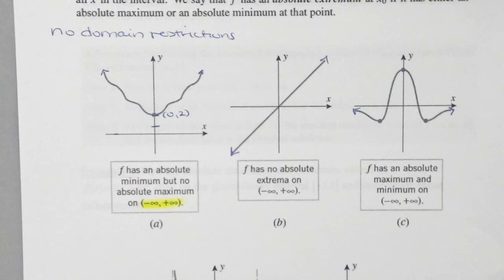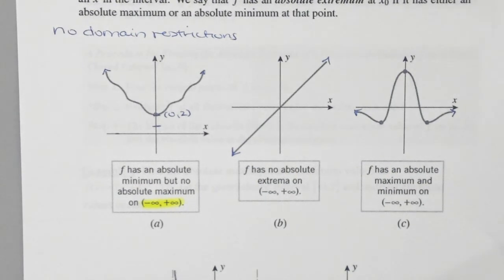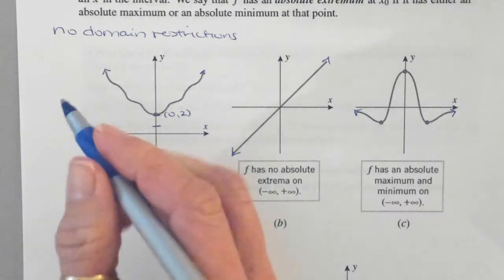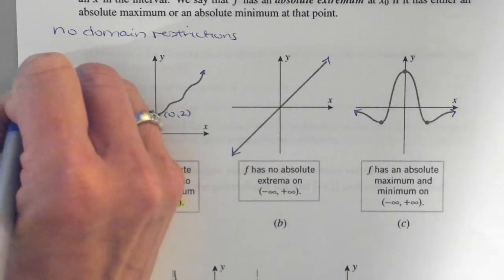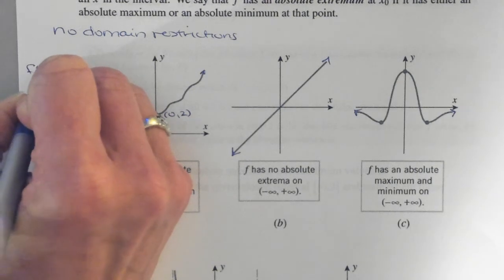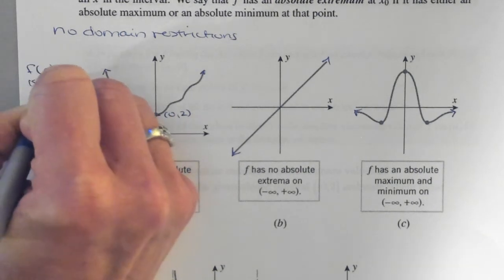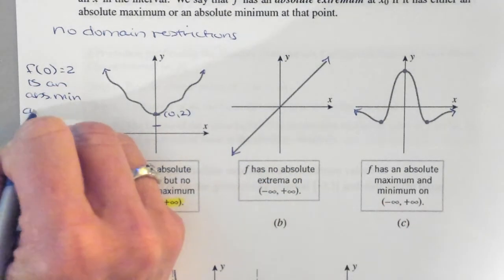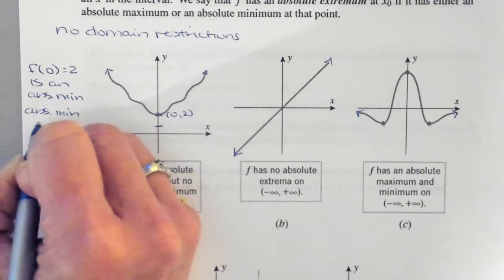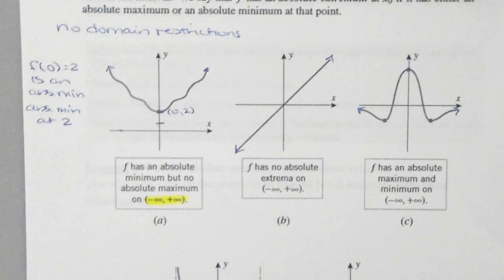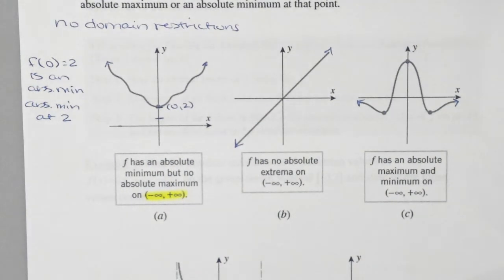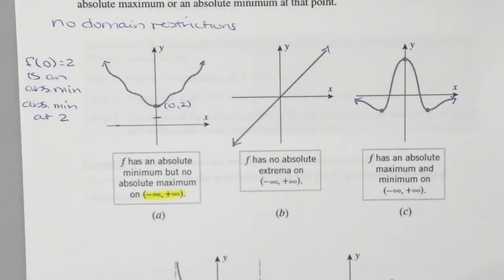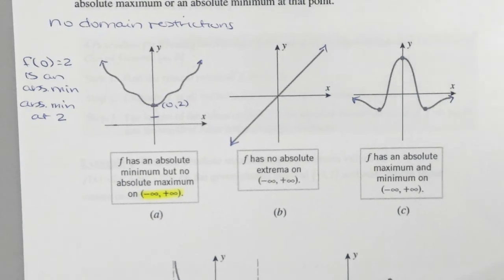So if you were asked for the absolute minimum or absolute maximum, you could say that an answer would be f of 0 equals 2 is an absolute min, or you could say the absolute min is 2, but you can't say the absolute minimum is at x equals 0, because x is not a minimum or a maximum. Okay? You have to give the y value.